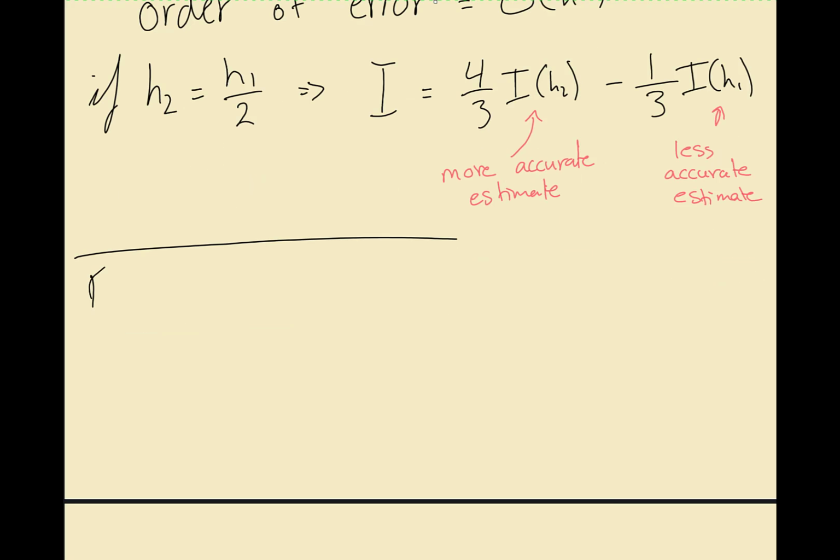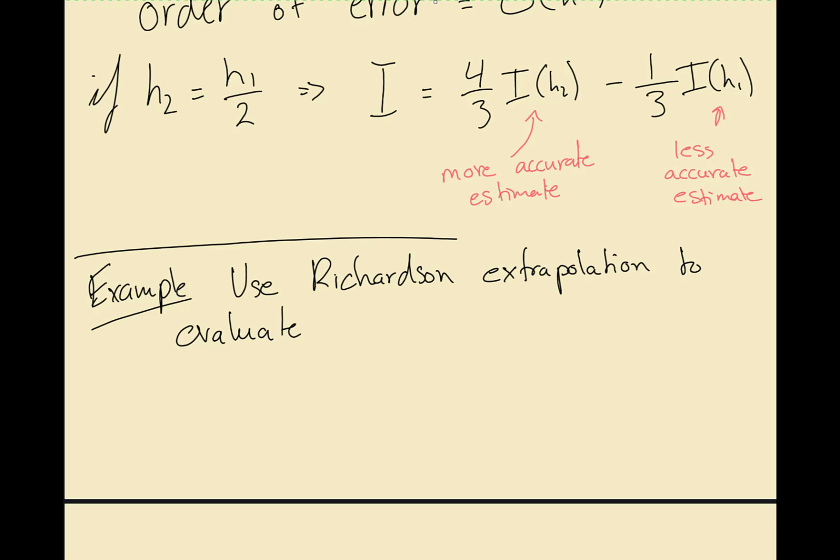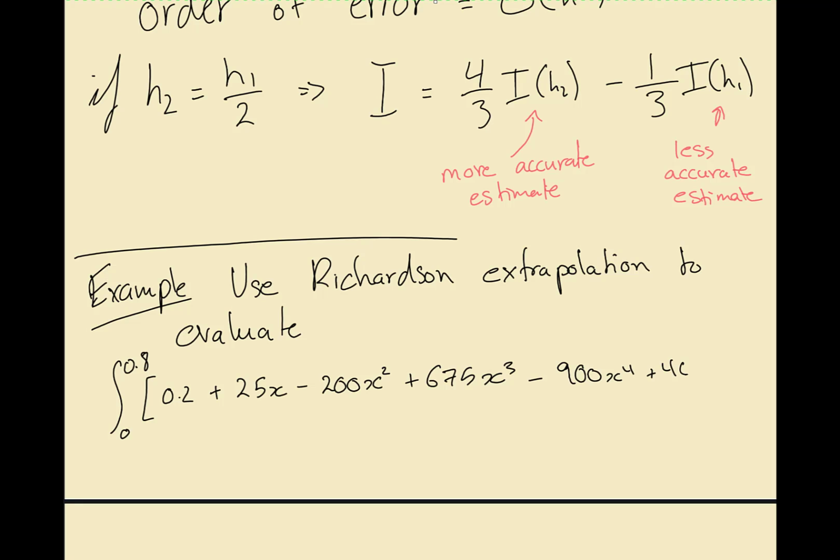So example: we're going to use Richardson extrapolation to evaluate the integral from 0 to 0.8 of the function 0.2 plus 25x minus 200x squared plus 675x cubed minus 900x to the 4 plus 400x to the 5 dx.